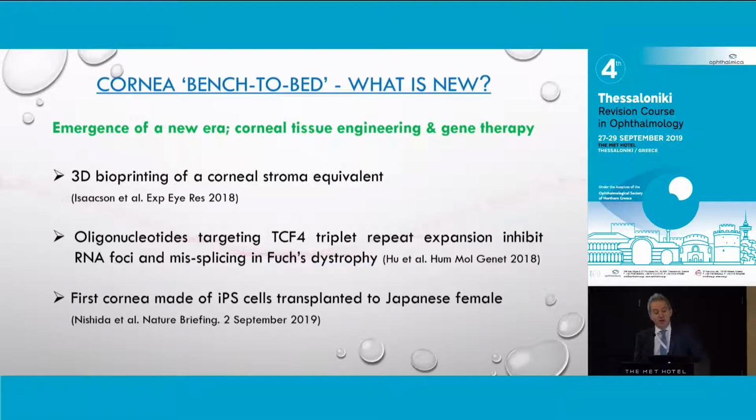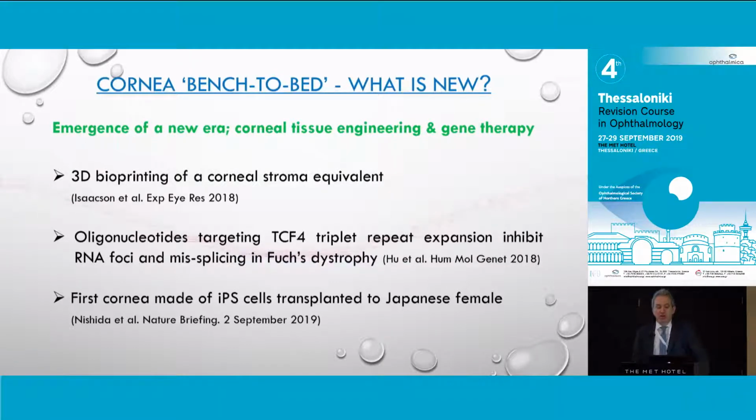Another major breakthrough was the first genetic approach for the treatment of Fuchs dystrophy. We all know that Fuchs dystrophy has been treated so far by corneal endothelial transplantation, DSEK and DMEK.